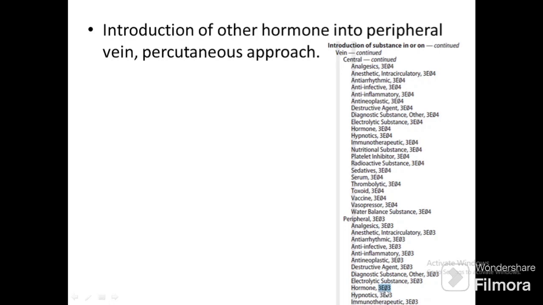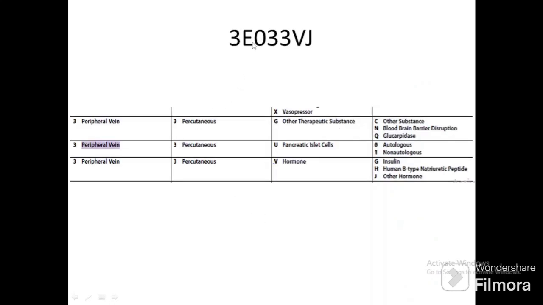So 3E0. Understood? First, we should use the term introduction of substance in or on, and under that we should check for vein, and under vein, peripheral vein. Here, see peripheral vein, and under peripheral vein, we are inducing hormone. So we should use the table 3E0. So this is the part of the table 3E0.